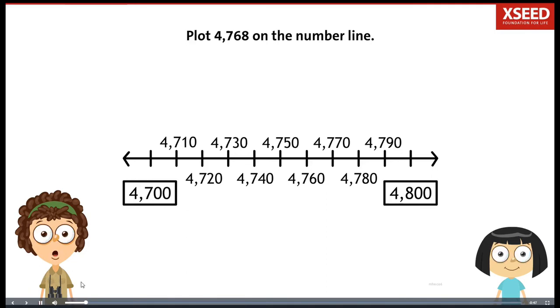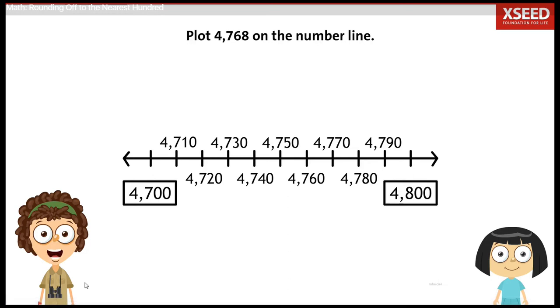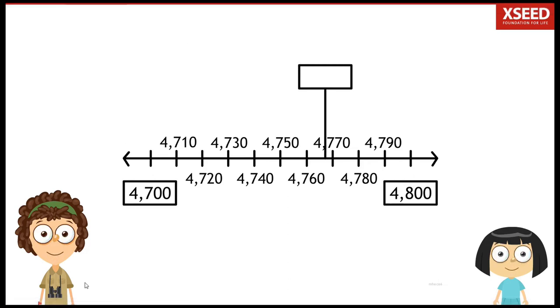Mia, where have you plotted 4,768 on the number line? I have plotted 4,768 between 4,760 and 4,770. Good, Mia.